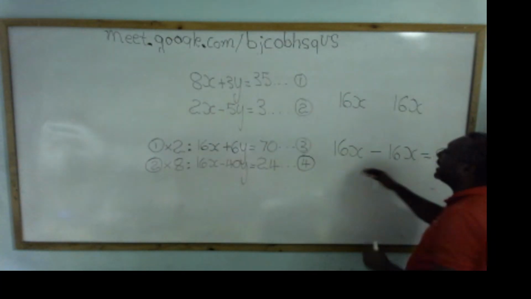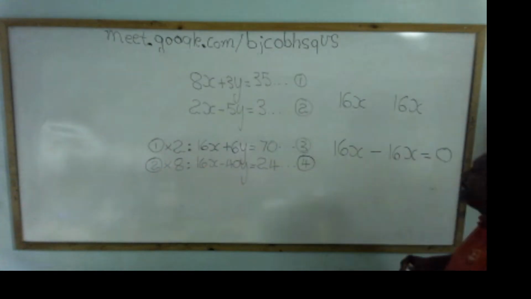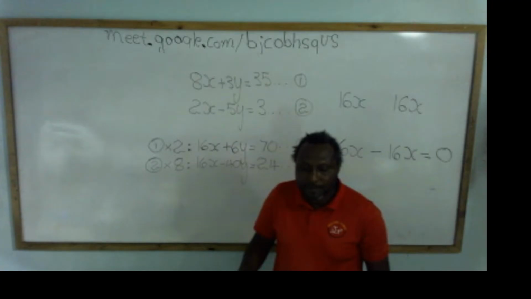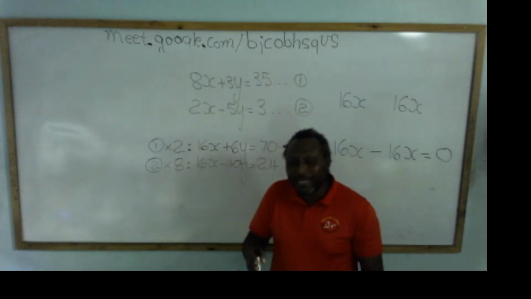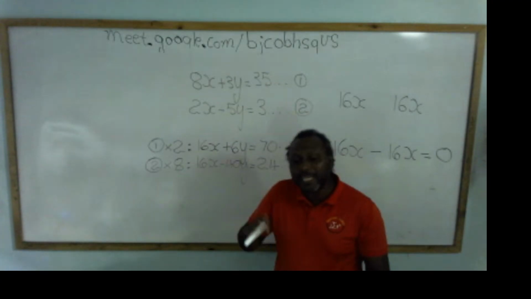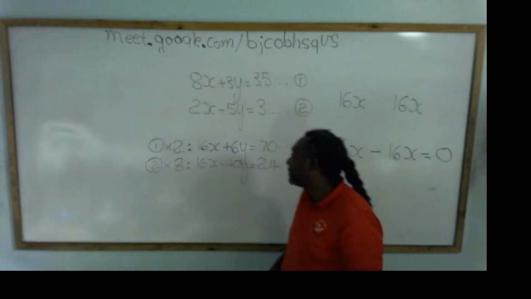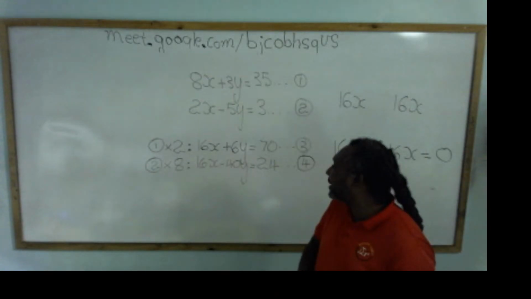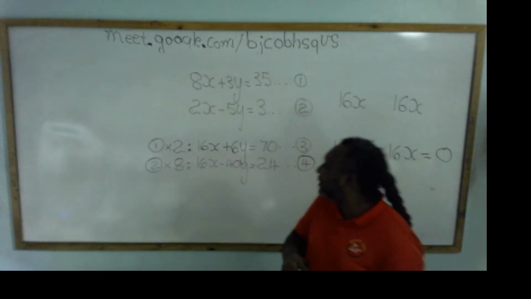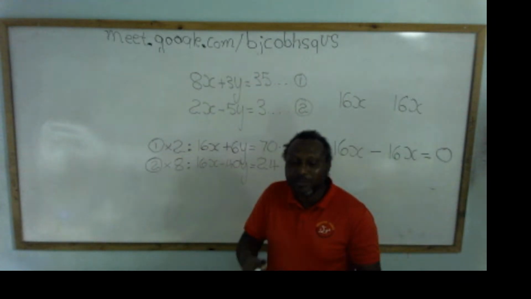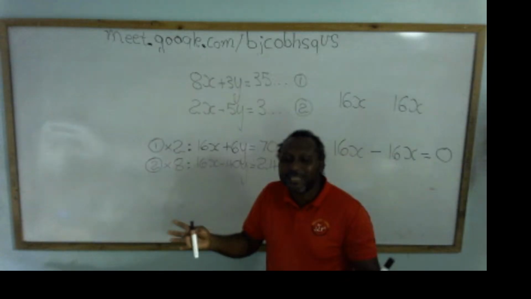This negative sign tells us that we need to subtract one equation from the other. And when you are subtracting, you may subtract in any order, but choose the order that is more in line with the way that you think. I am always a positive thinker, so I'm always thinking that I will subtract in such a way that the values are positive, or as much as I can be positive.